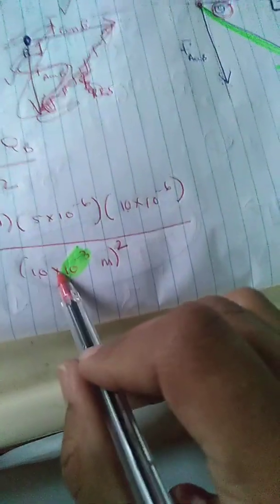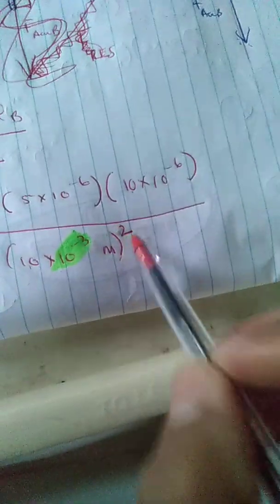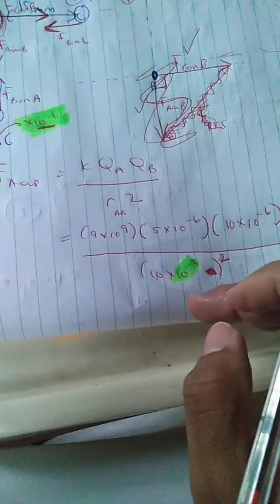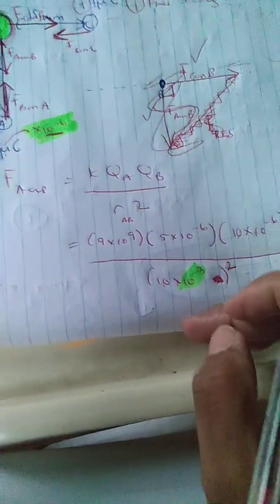Anyway, you put this into your calculator, and inshallah you will get an answer of 4,500 newtons. And remember, it's going down, so this is 4,500 newtons down, because that's a downward force.